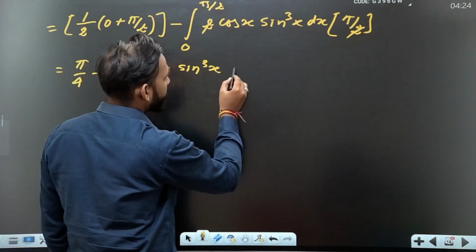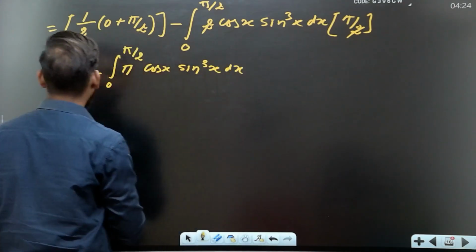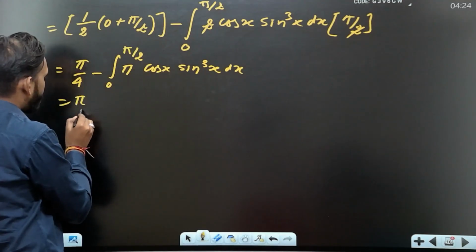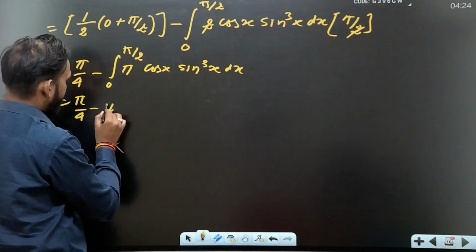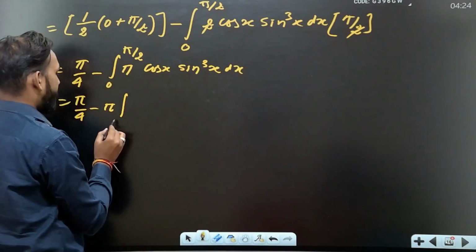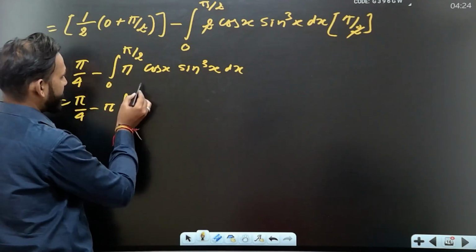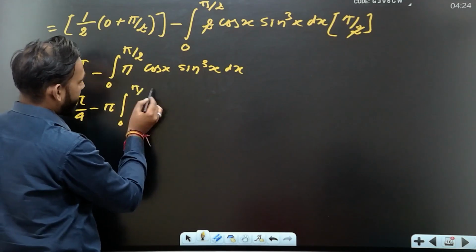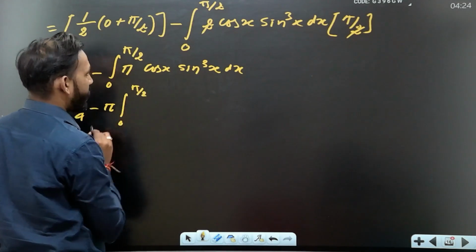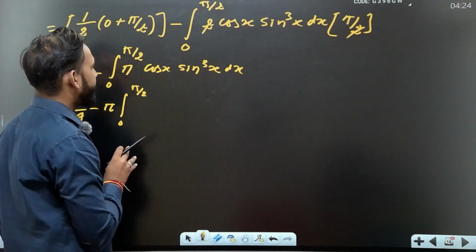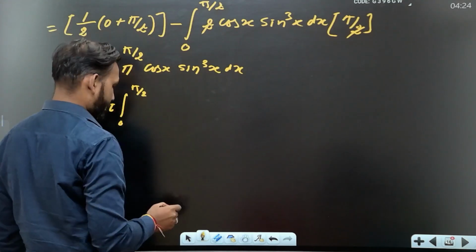Okay, no problem, dx. Now we have to integrate this thing, pi by 4 minus, we can take pi out of this integral, and we can write it something.